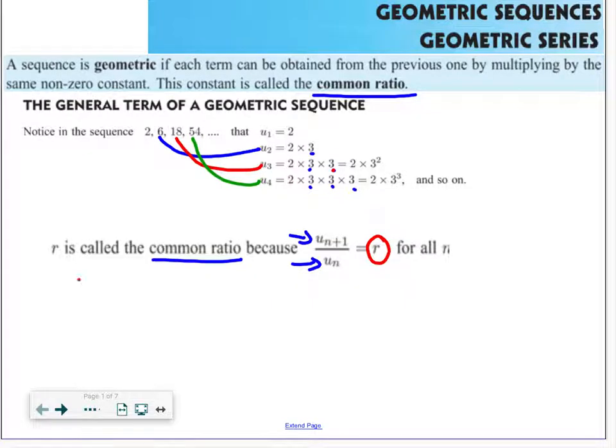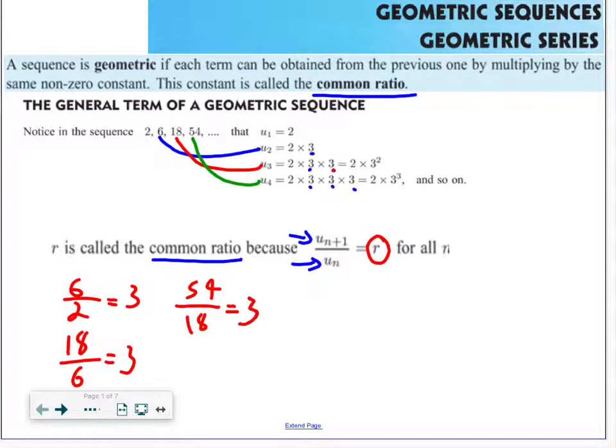For instance, 6 over 2 is 3. 18 over 6 is 3. And 54 over 18 is 3. Because these are all the same, we call our r value, our common ratio, 3.